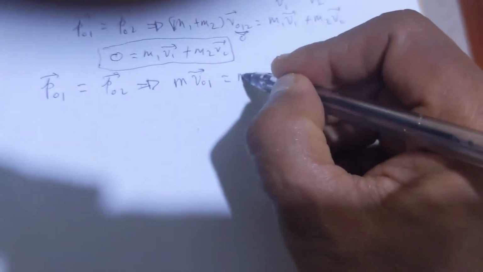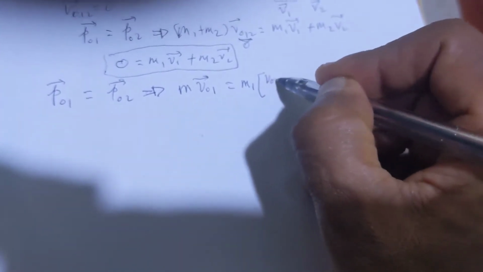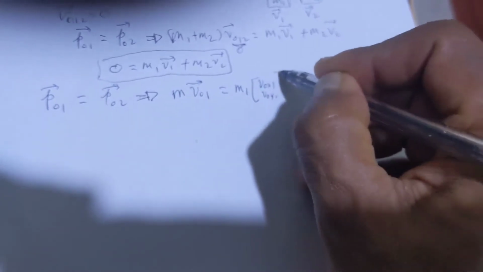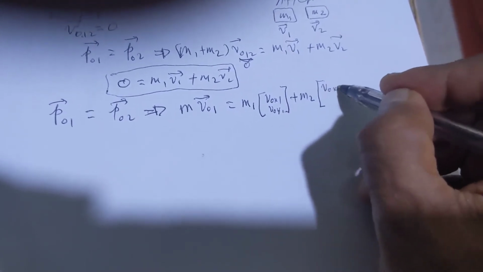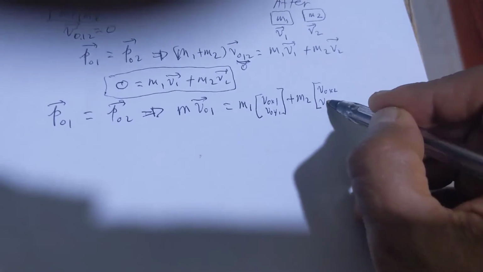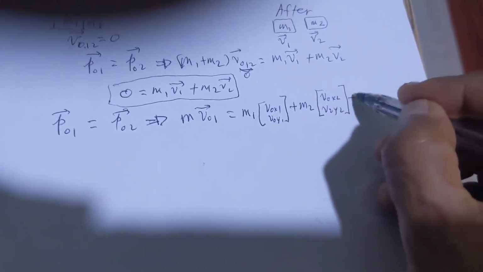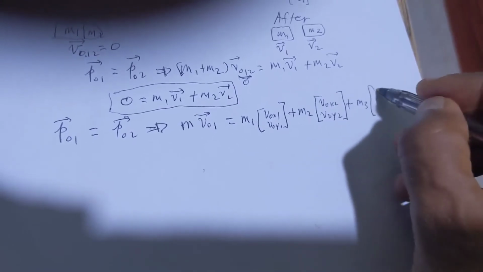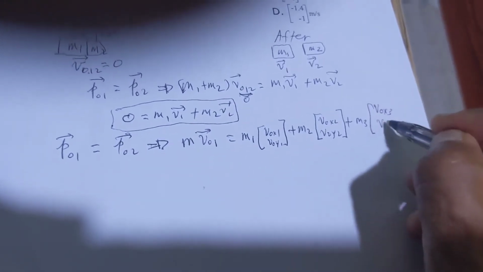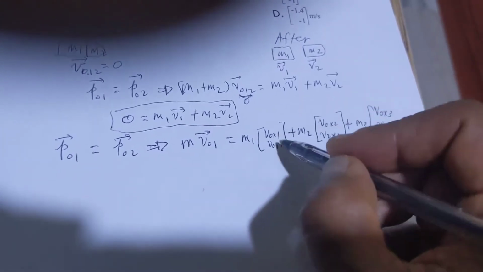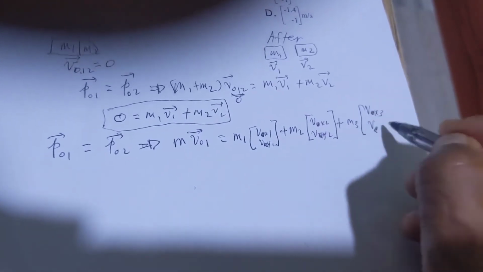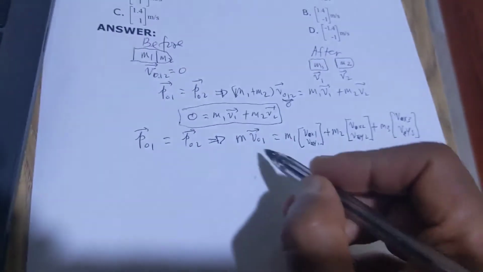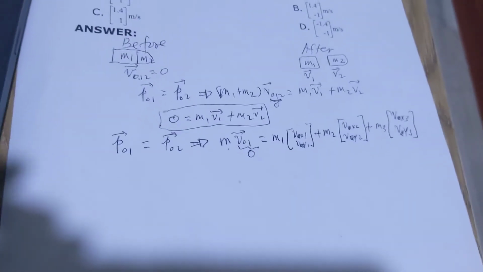The first one is M1 times V1x and V1y, and M2 times V2x and V2y, and the third one is M3 times V3x and V3y. Therefore initially it is 0 before this explosion.